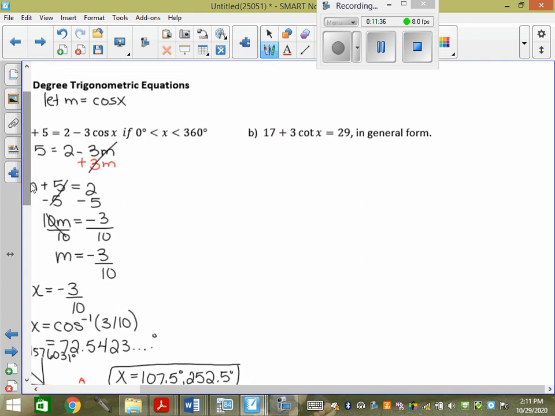So here I have cotan. It's by itself, so I can isolate it pretty easily. I'm going to subtract 17. If you want to make it an m, go ahead. 3 cotan x equals 12, divided by 3. Cotan x equals 4, which means tan x equals a quarter. Because I can flip answers, I can't flip angles.